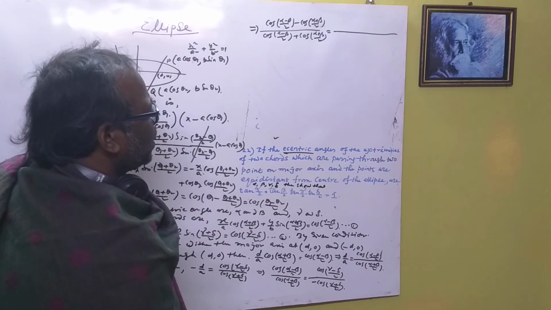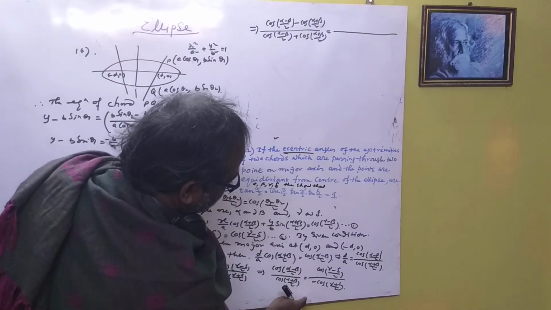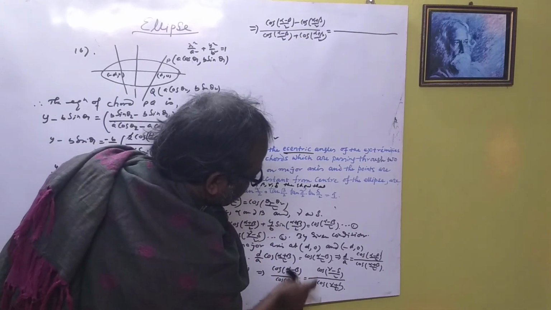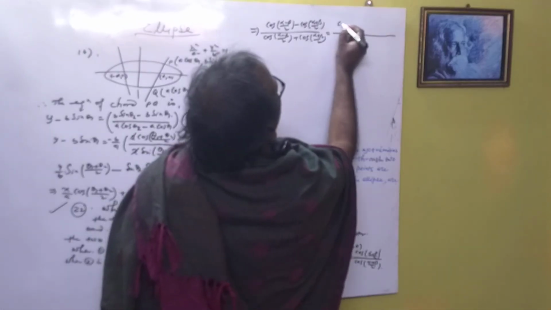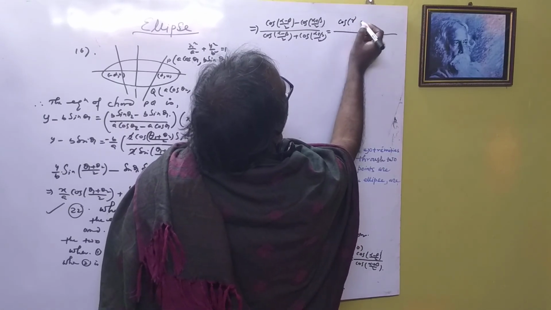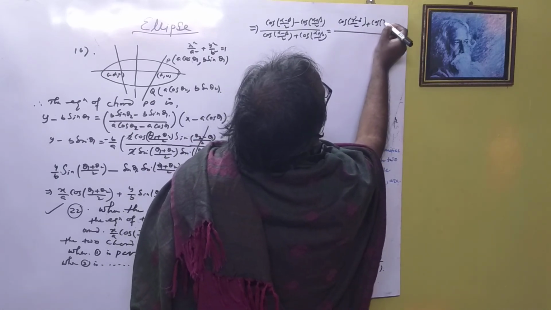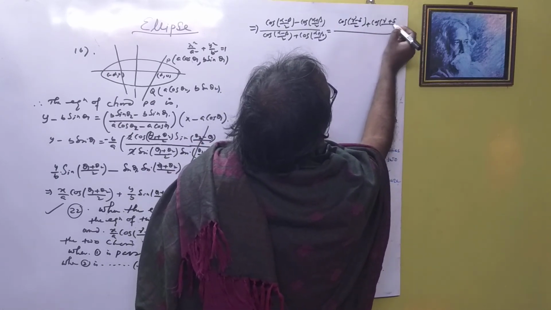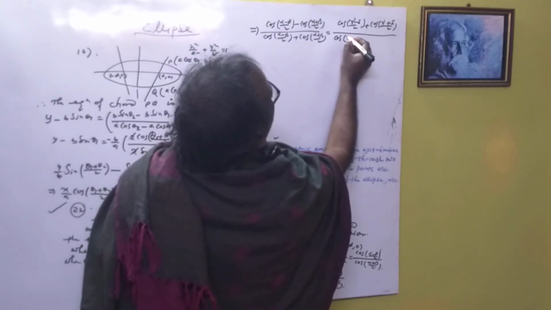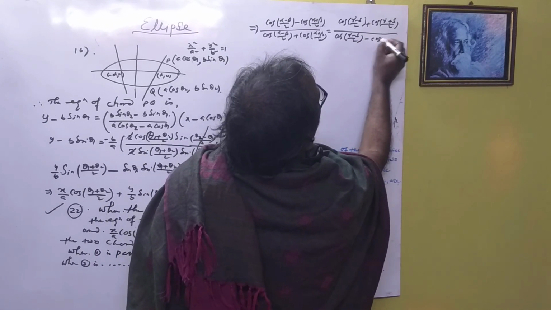On the numerator part on the right-hand side, this will be minus, and minus this means plus, so cos((gamma-delta)/2) and so on.